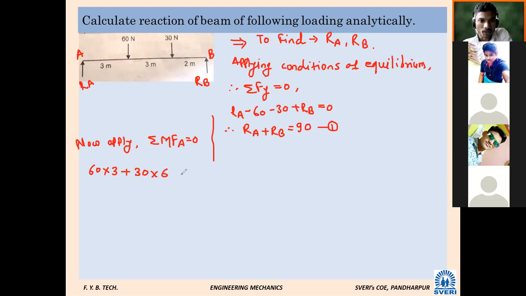What about RB? Is it clockwise or anti-clockwise? Anti-clockwise. RB into what is the distance? 8. 8 equal to 0.